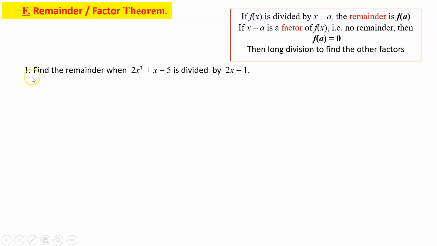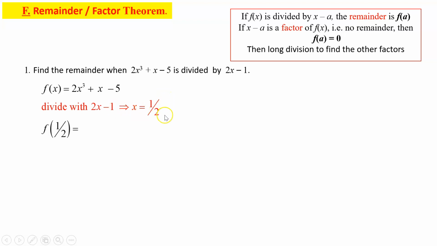So the first one, find the remainder when 2x cubed plus x minus 5 is divided by 2x minus 1. We do not do a division here. What you do is imagine the 2x minus 1 equal to 0. So if I get x is equal to half, instead of dividing with 2x minus 1, I put x equal to half, and I work out what the function is.